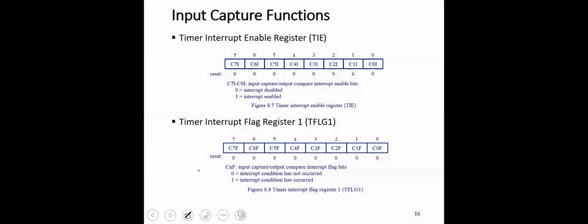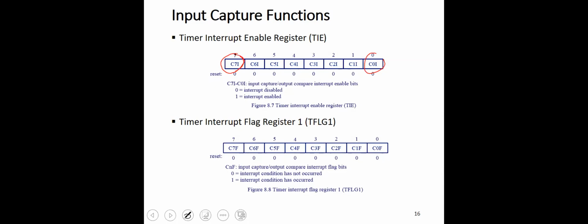Okay, now, as we said, these input capture functions are associated with interrupt service. So whenever the event occurs and the time is captured, this event can interrupt the microcontroller. That's why we have an interrupt flag for each of these channels. This is interrupt enable.